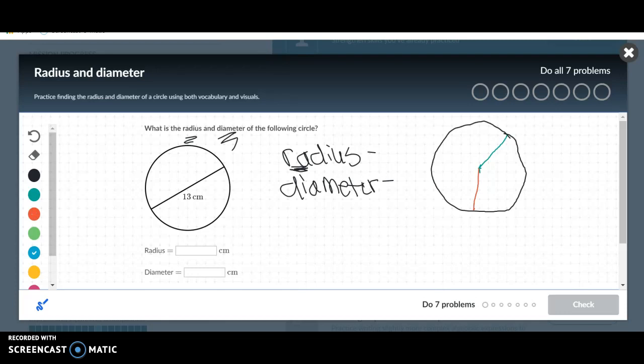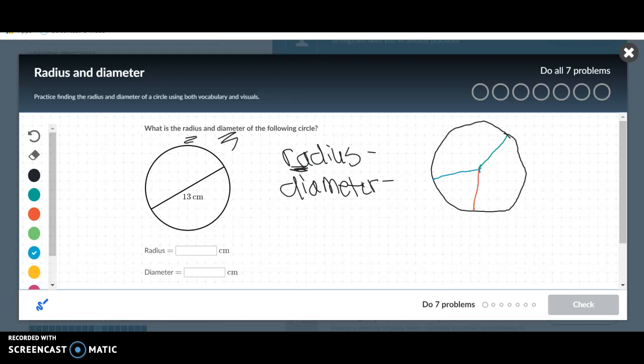We do it again, starting from the center, drawing a line perfectly straight out. That's a ray. And the distance from the center of your circle to anywhere on the outside of the circle is called a radius. It's the distance from the center of your circle to the outside edge anywhere on the circle.